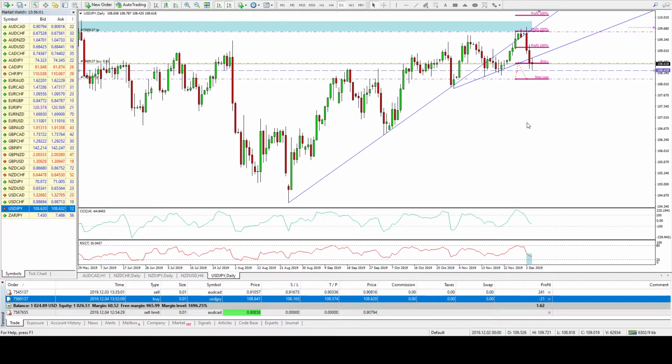So my target is within the trend line. I'm not asking the price to break the trend line for me to hit it. I'm asking to just touch it. That's it. So that looks good.